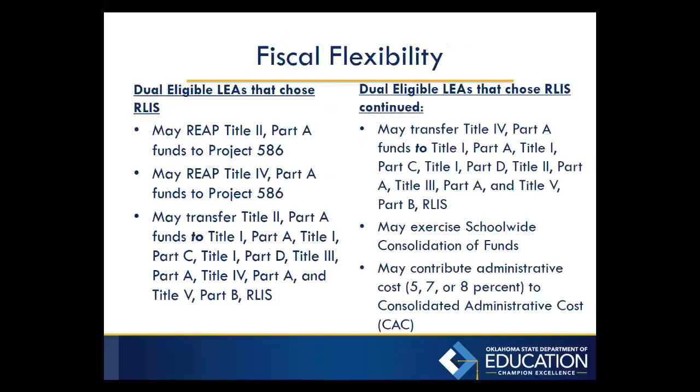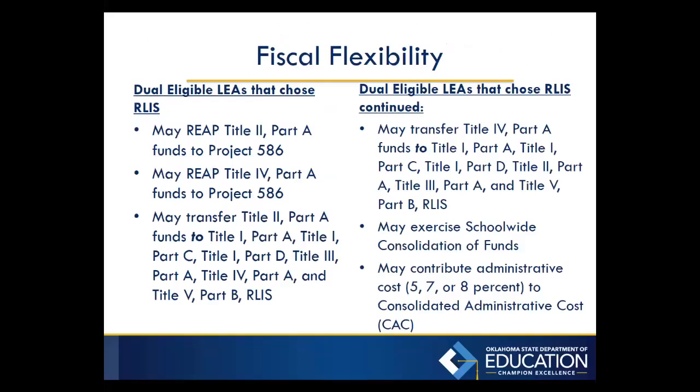Dual eligible LEAs may also transfer their Title II, Part A funds to Title I, Title I-C migrant, Title I-D, that is neglected or delinquent, Title III, Title IV-A, and RLIS. They may also transfer their Title IV, Part A funds to the same programs that are listed.